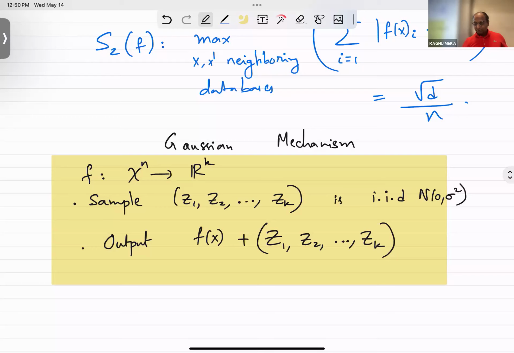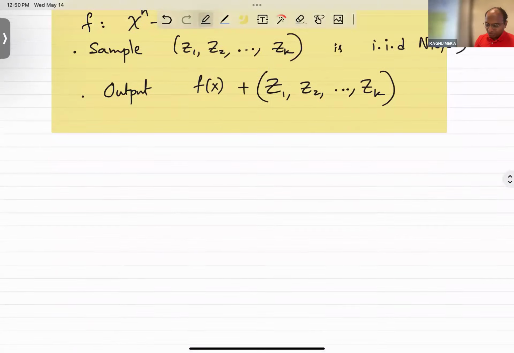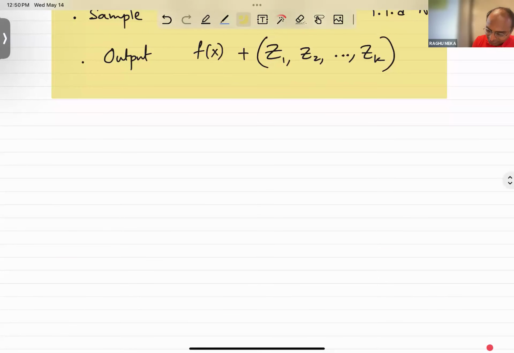So the only difference from the Laplacian mechanism is that we are changing the noise distribution. And it requires some proof. We are not going to do that. I just need some properties of the Gaussian distribution.